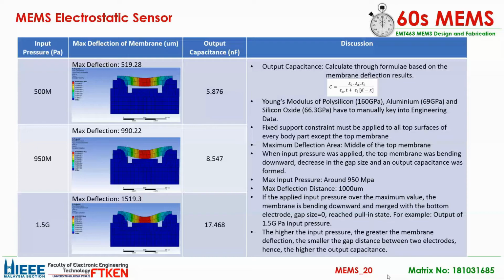Another output that has to be obtained is the output capacitance of the device. The output capacitance is calculated based on the maximum deflection of membrane by using this formula. In conclusion, the higher the input pressure, the greater the membrane deflection, the smaller the gap distance between two electrodes, hence the higher the output capacitance.